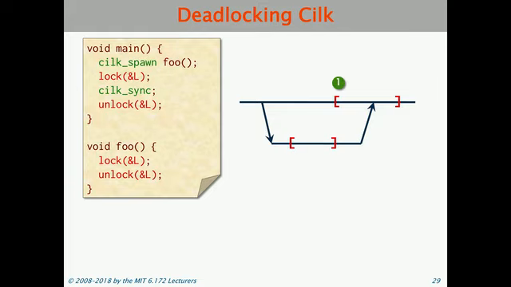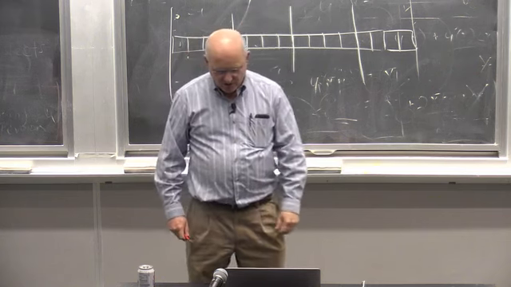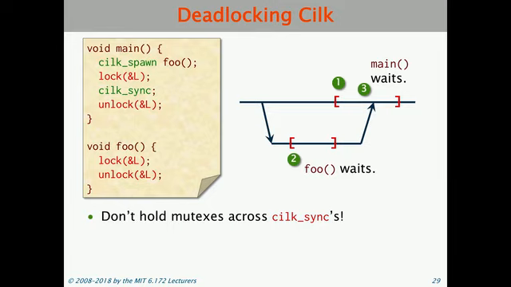I spawn off the child, but then I lock, and now the child says, oh, can't, foo is going to wait here because it can't grab the lock, because it's owned by main. And now main has to wait for the sync, and the child is never going to complete because I hold the resource that the child needs to complete. So don't hold mutexes across Cilk syncs.